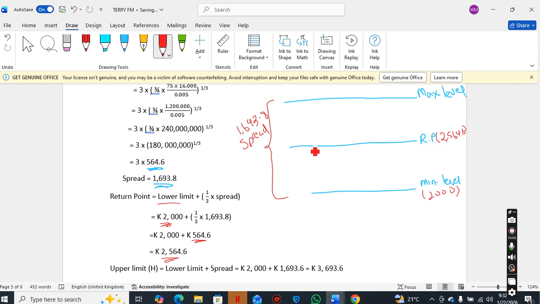Then next we get our upper limit, which is just the lower limit plus the spread. So 2000 plus 1693.6, we get 3693.6.